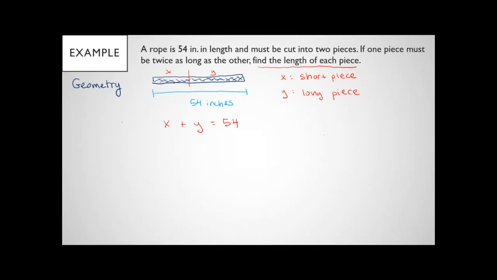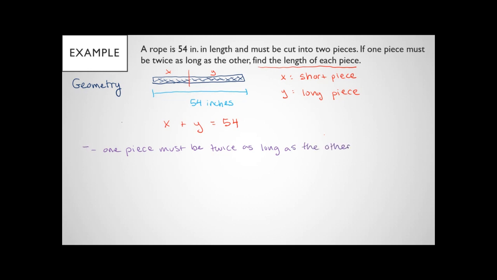So now I'm going to move to the second sentence. If one piece must be twice as long as the other. So I'm going to rewrite that so we can do a translation here. If one piece must be twice as long as the other.